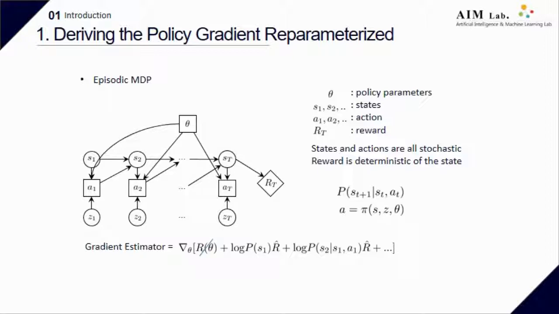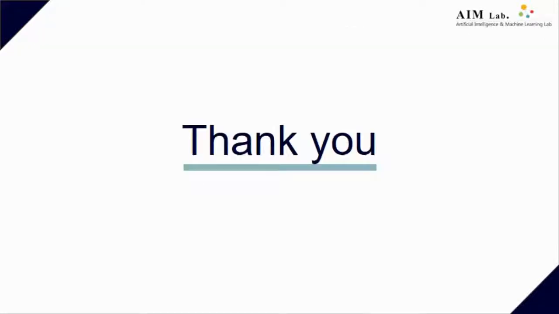The second term doesn't have any dependence on theta because we're treating both S1 and the reward as constants, so we can ignore this term too. Here, the action does depend on theta. We can expand it into Jacobians, but it is not terribly useful. So we need to know this function to be able to compute that term, unless we have access to this function. Thank you for my presentation.